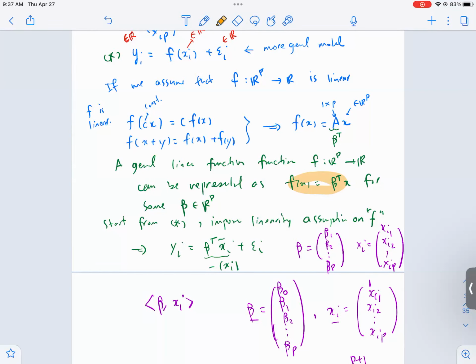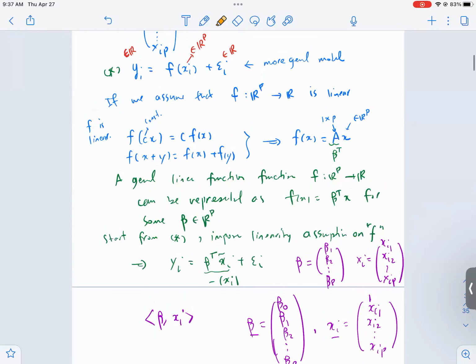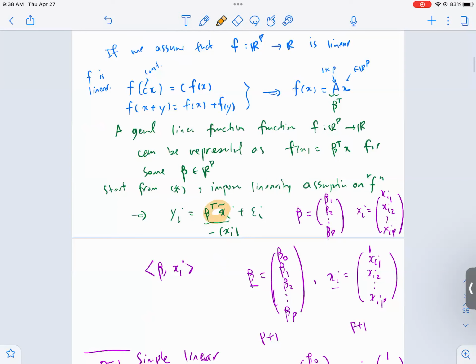So f of x would be beta transpose times x, and if you plug into this equation, you would get that yi is beta transpose xi tilde, plus epsilon i. The epsilon i is the noise that we don't observe, yi and xi tilde we observe, beta we don't observe.